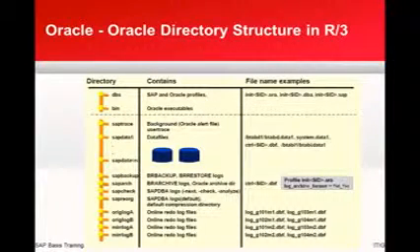Okay, here we are talking about the directory structure in R3. This is just an idea. Basically I just want to give you guys the key directories present in an Oracle database. So you have the DBS, that is the database directory.